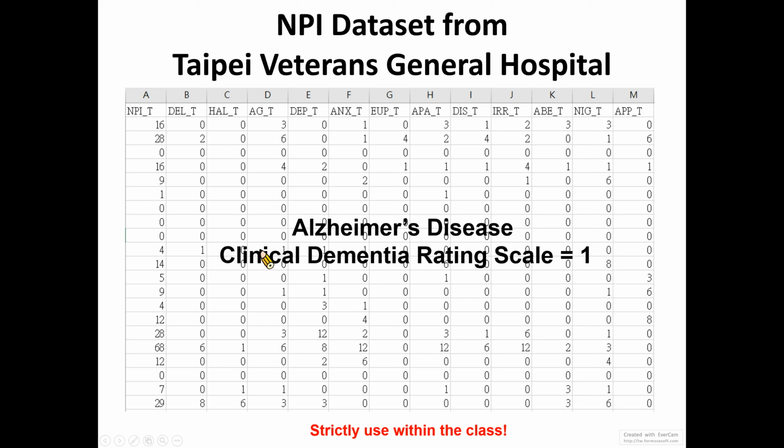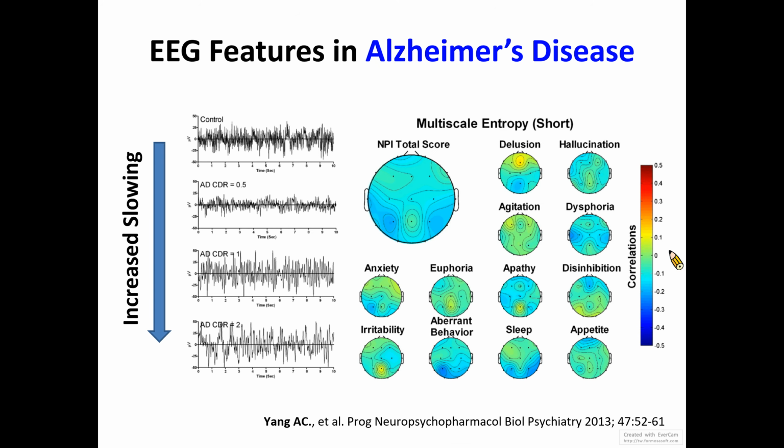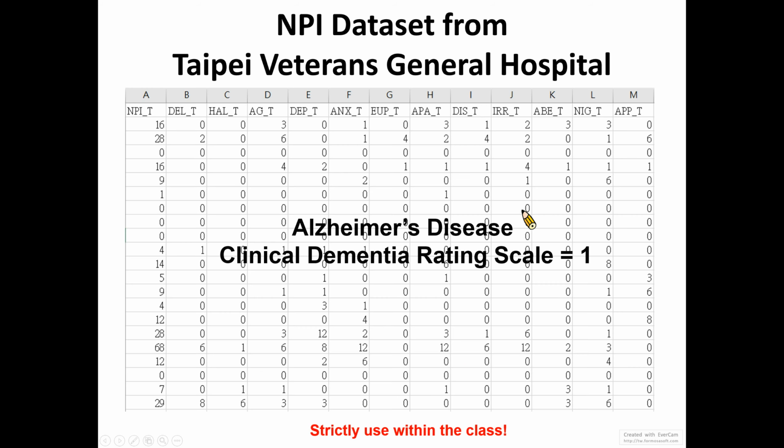And in this data, you can see that we have 12 dimensions, including the delusion, hallucinations, agitations, depression, anxiety, euphoria, apathy, disinhibition, irritations, aberrant behaviors, nighttime problems, appetite. If you don't know the abbreviation, you can just look in the previous slide so you can have an idea how these terms are related to the NPI questionnaires.